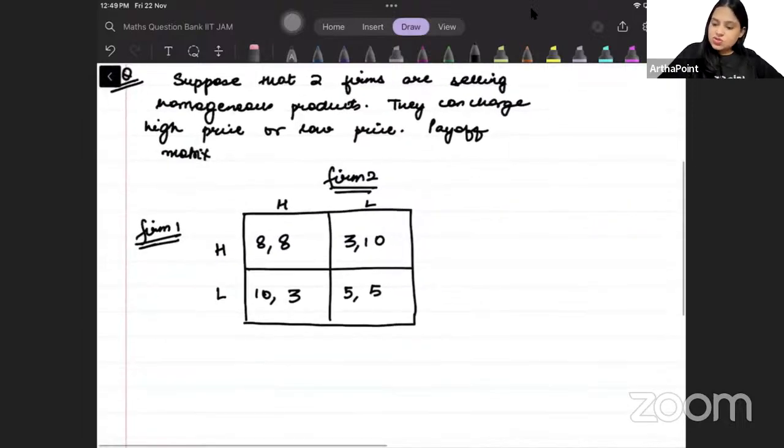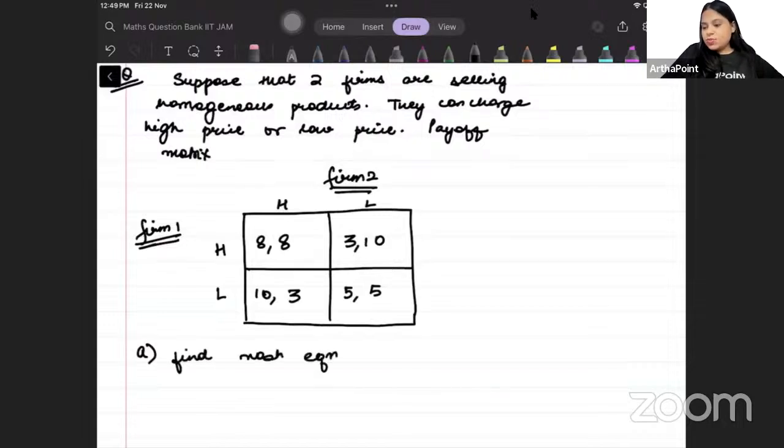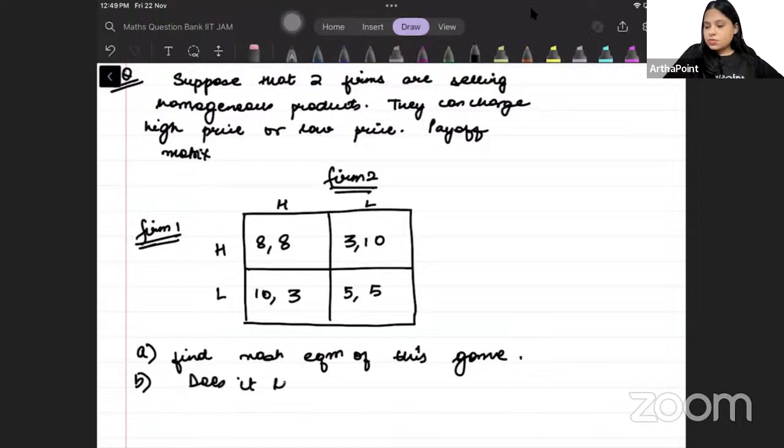You need to give me the answer to the following questions. First, find Nash equilibrium of this game. Second, does it look like prisoner's dilemma?